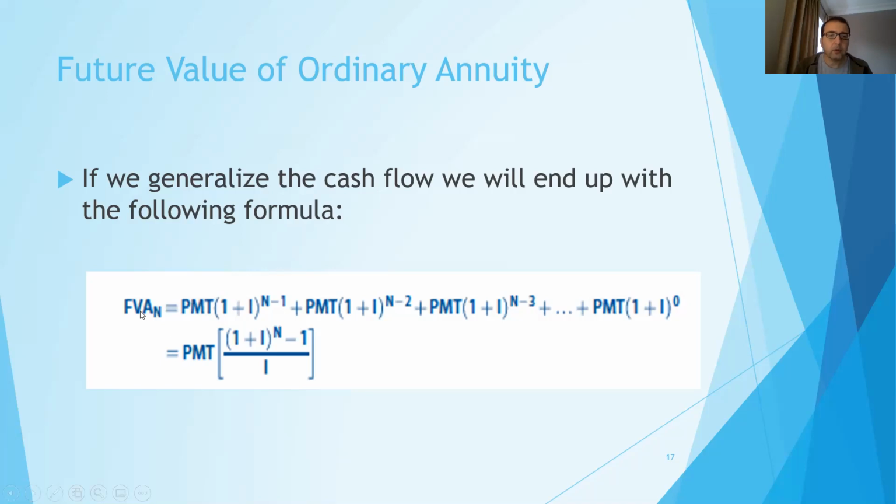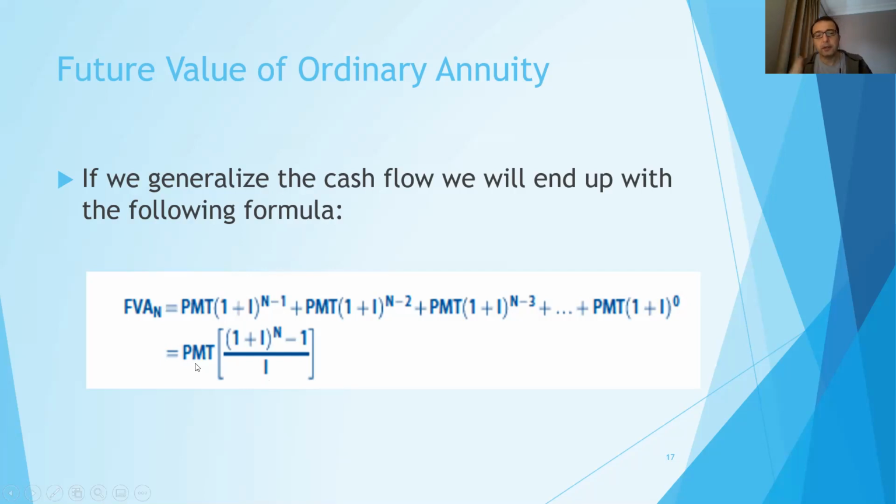So the future value of an ordinary annuity is the payment, PMT is the payment, cash flow, times 1 plus interest rate to the power n, minus 1, divided by interest rate. So this formula gives you the future value of a given cash flow. In our example, payment is 100, right?